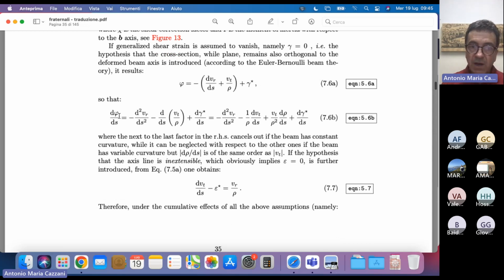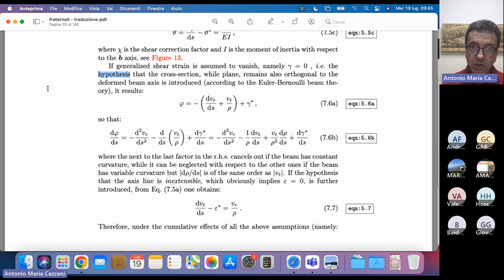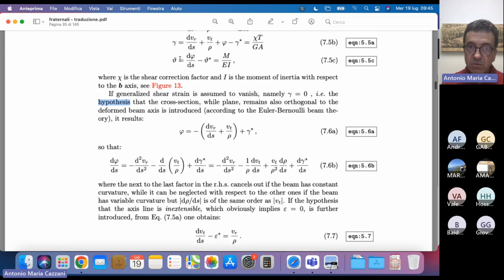This derivative of phi with respect to the arc length can then be thrown into the third equation, and so allows us to get the compatibility, constitutive law in terms of moment, but without the explicit introduction of the section rotation phi, because in this case, according to the Euler-Bernoulli beam, the rotation of the cross-section is linked to the transversal and axial displacement, and so it's completely determined by them.